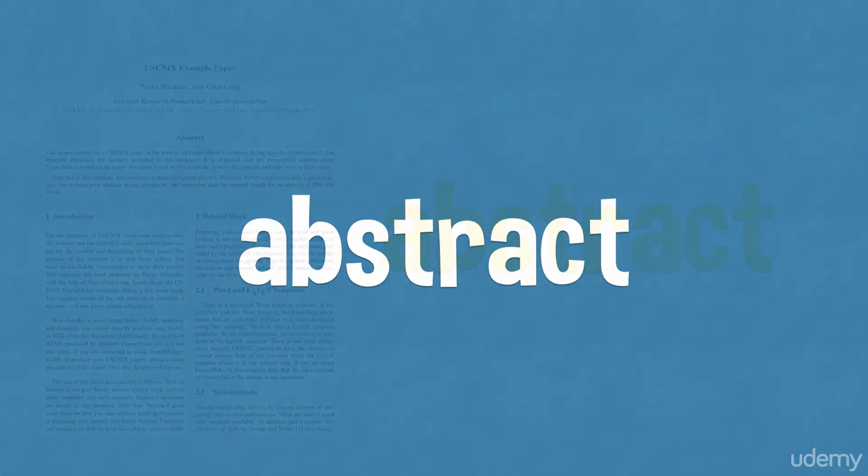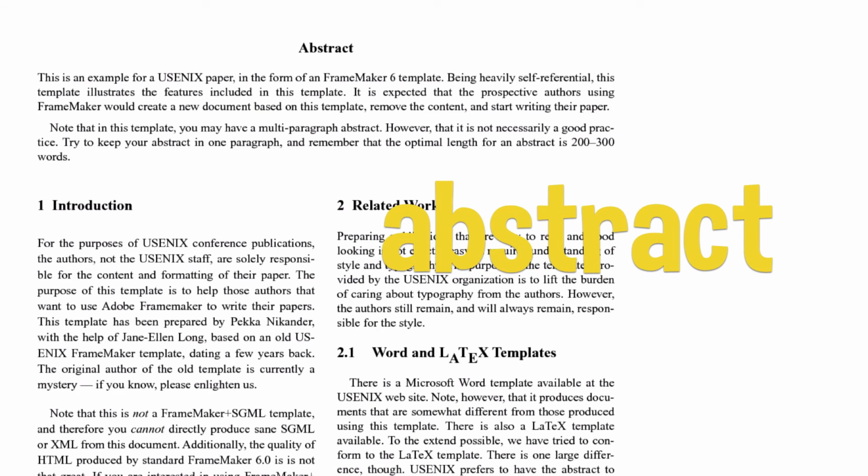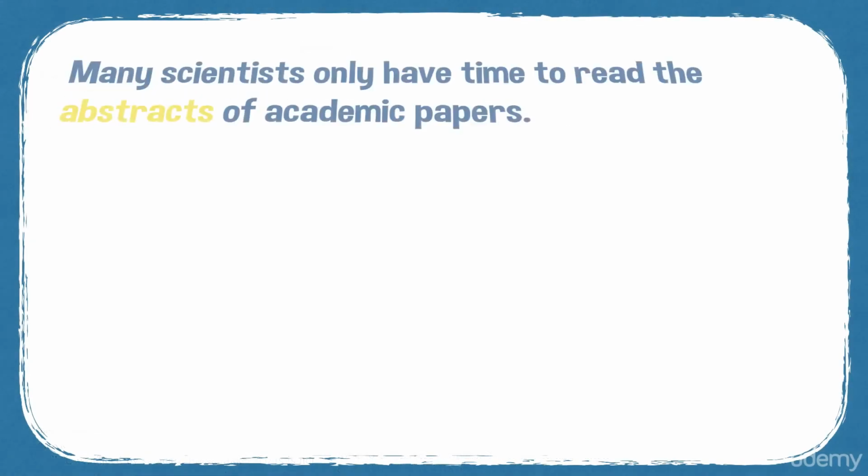An abstract of an article or a document is a short summary of the article or the document. So it gives the main points, and it's commonly used in academic papers. So here's an academic paper, and you can see the abstract at the top. They're very useful.